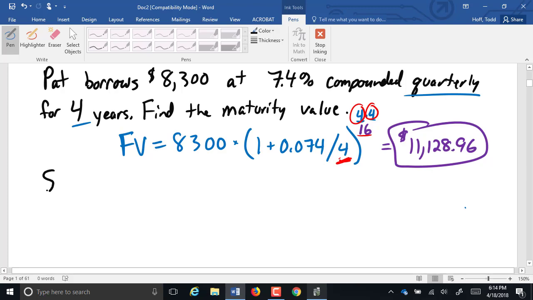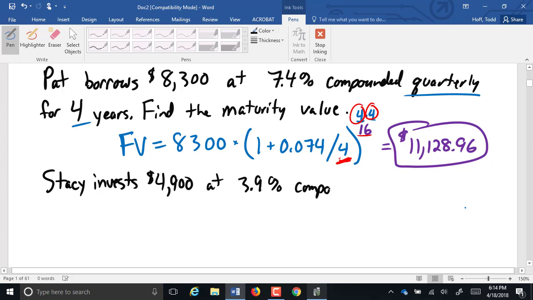We are going to have Stacy invest $4,900 at 3.9% compounded monthly for 2 years.